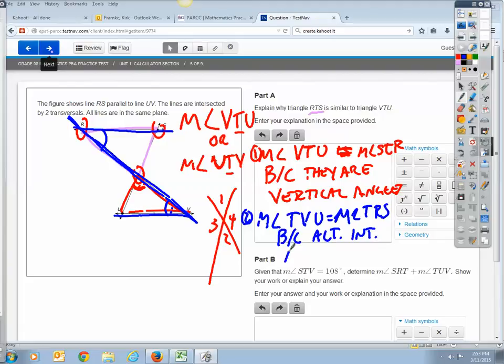Likewise, the measure of angle TSR equals the measure of angle VUT because they are alternate interior angles. Well, if you have two shapes that share the exact same angle measurements, you know they're similar. And there you have it.